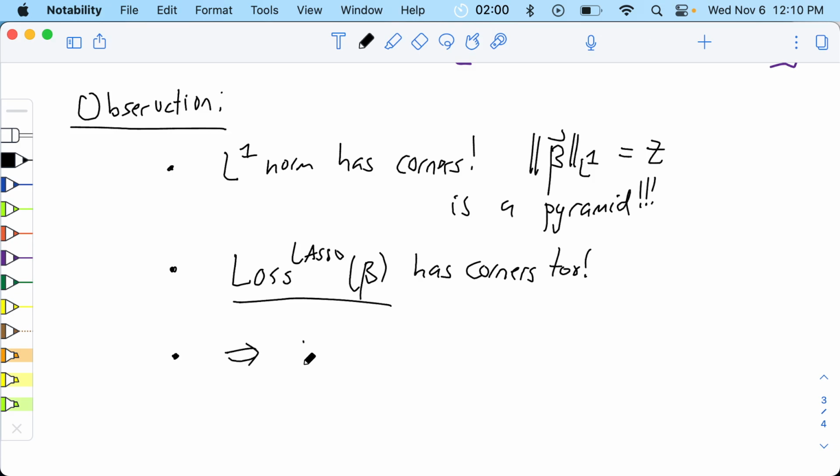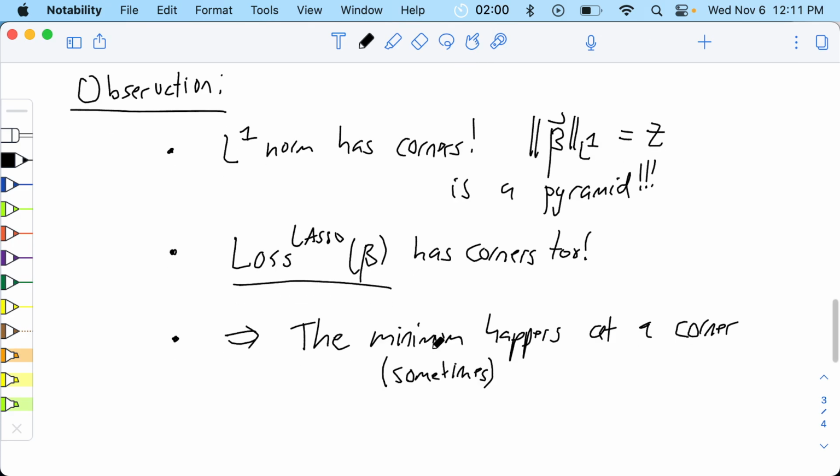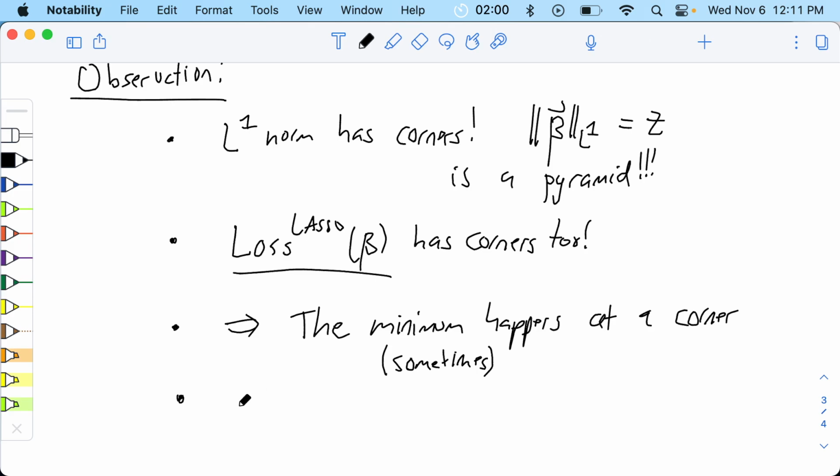Therefore, the minimum happens at a corner. This is not always true, but sometimes. And therefore, we're going to eliminate a variable. That's because the corners happen to be exactly in the positions where one of the variables is 0.